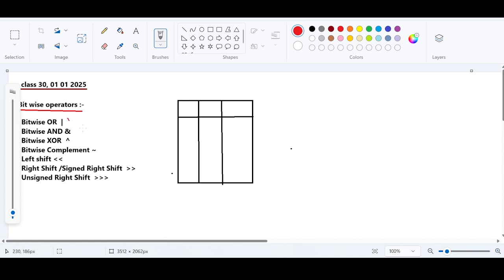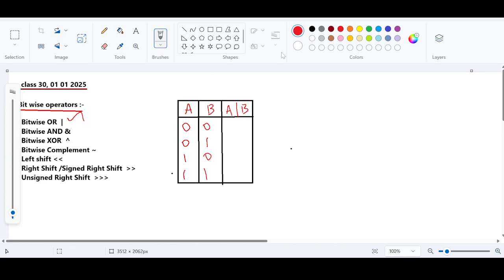Bitwise OR. According to the truth table, if you take any two inputs, A and B, and perform the OR operation, the possible combinations are 0 0, 0 1, 1 0, 1 1.